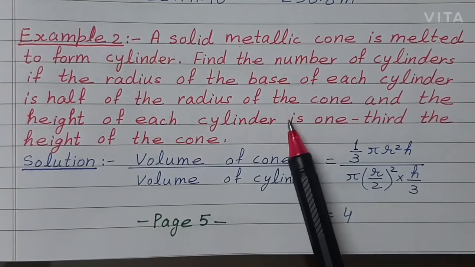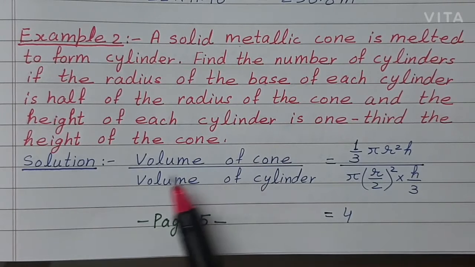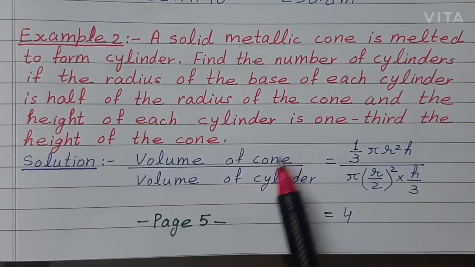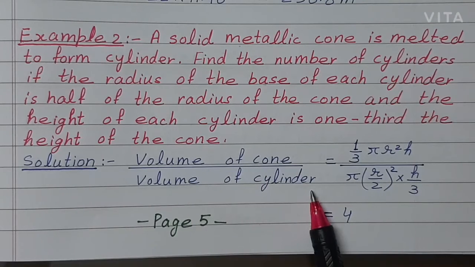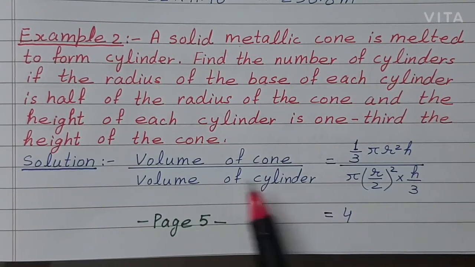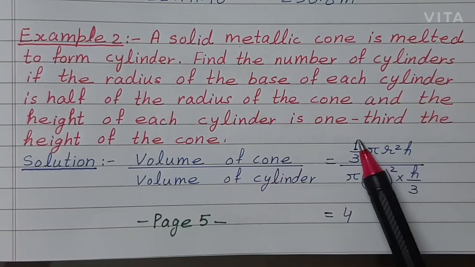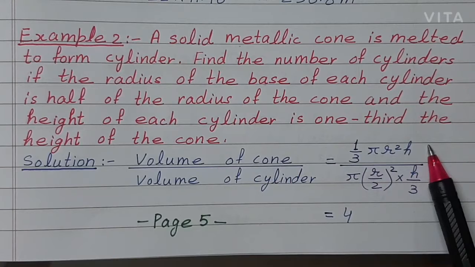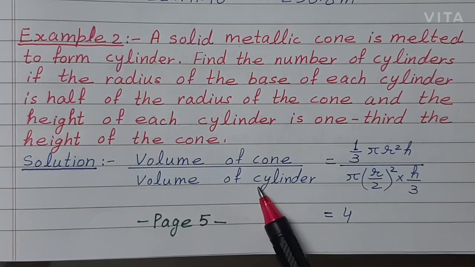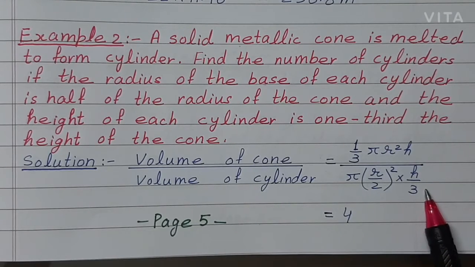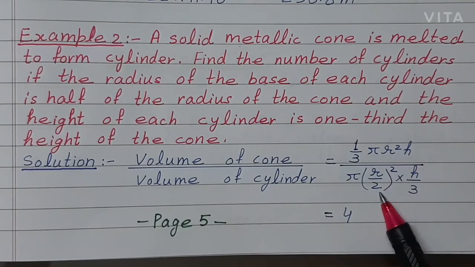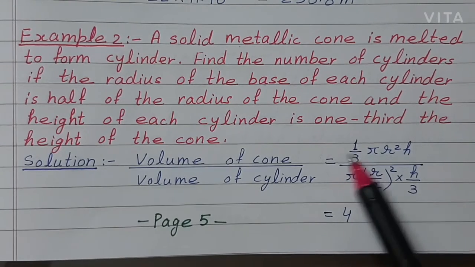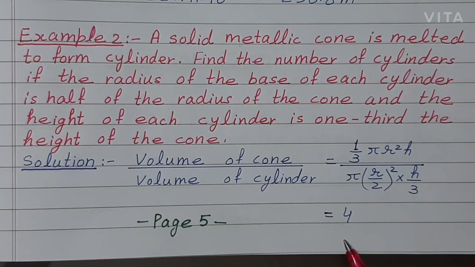In order to find the number, we will take volume of cone upon volume of cylinder. We know that volume of cone is 1 upon 3 pi r square h and volume of cylinder is pi r square h. The height is 1/3 and the radius is half. Clear? After cancelling the terms, we will get 4 as the answer. Clear?